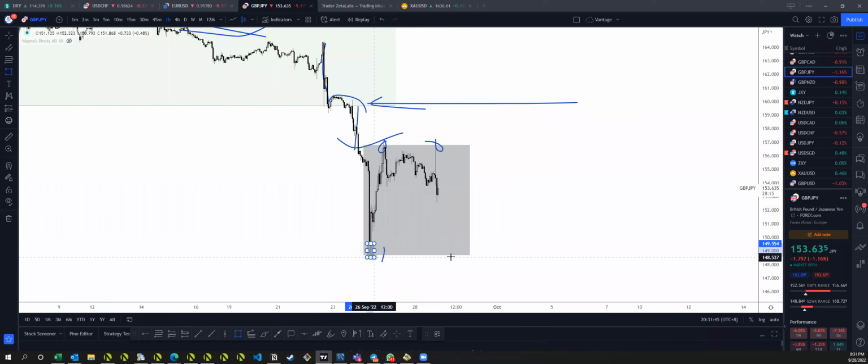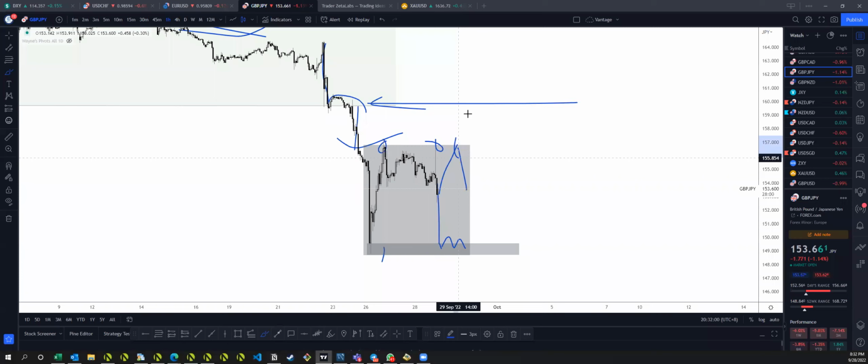Again, this support is untested, so it's going to be a very big support. So we're not looking to buy anything right now. It's still a downward trend, right? So no reason for us to buy here, but if price were to move back up here, then it gives us additional reasons to sell.